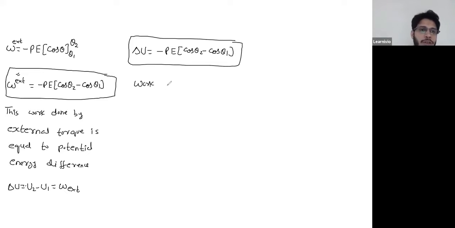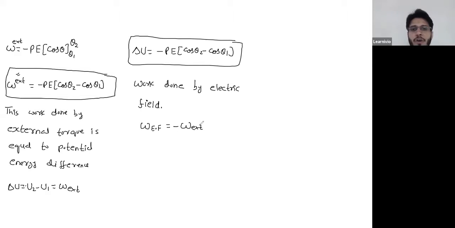But if I want to calculate the work done by electric field, here the work done by electric field is exactly the negative of the work done by external torque.